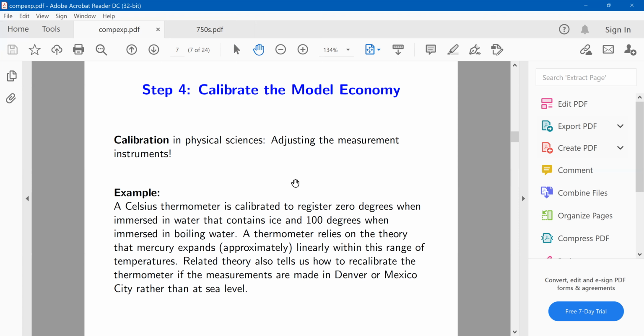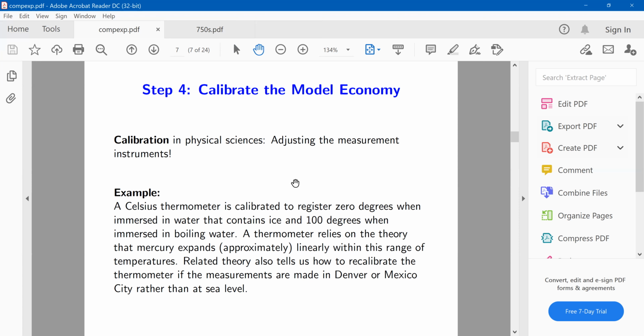Okay, so how can we know that these measurements could be made? Well, we know that the mercury element inside the thermometer has a linear expansion path within these degrees, right?